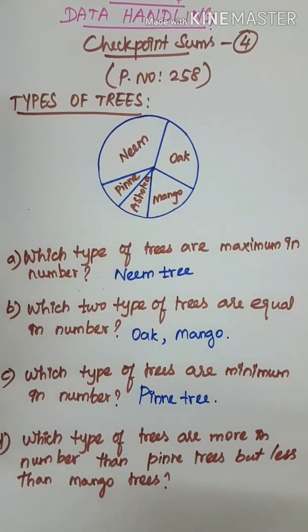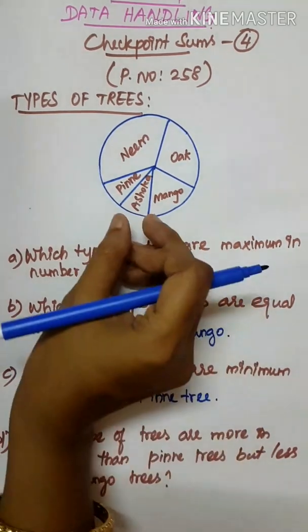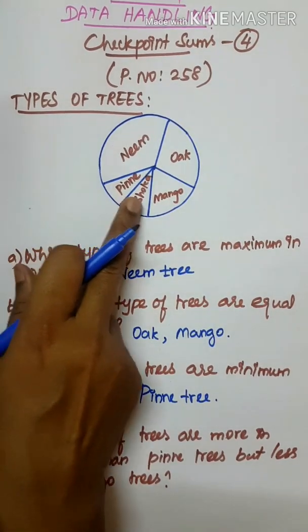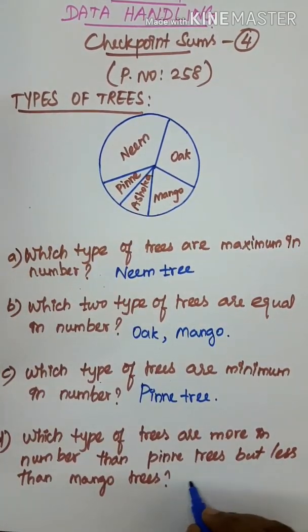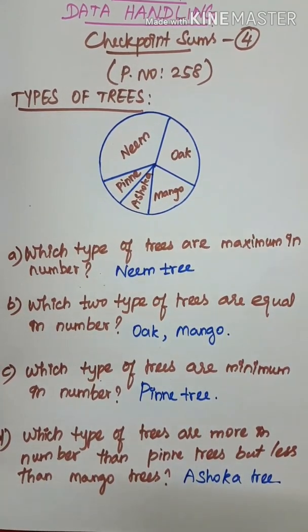What they are asking: which type of trees are more in number than pine trees but less than mango? Yes, it should be more than in pine but less than mango. Yes, obviously Ashoka. It is more than pine and less than mango. So answer is Ashoka tree. Yes, it is easy to understand.